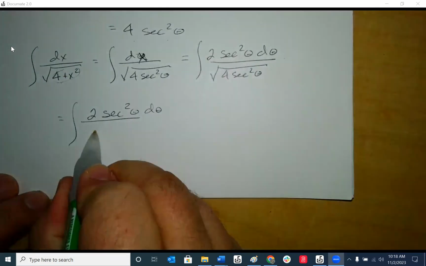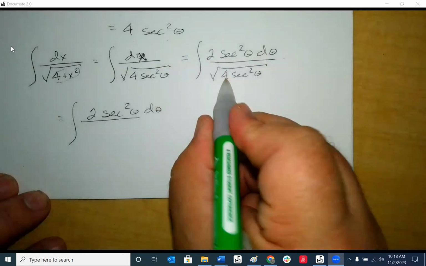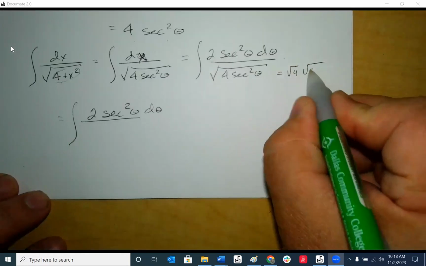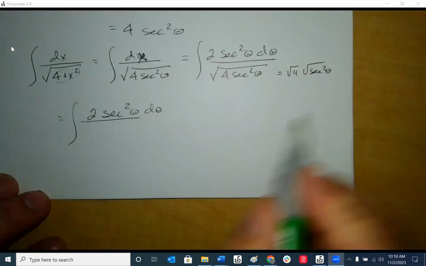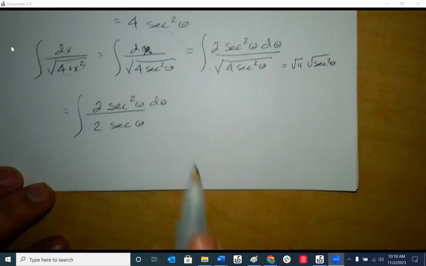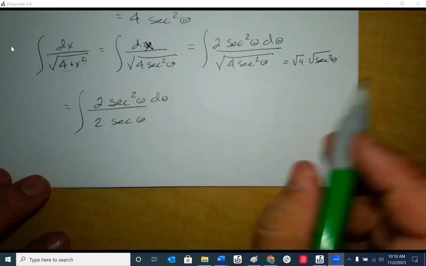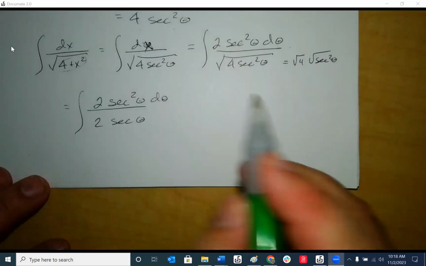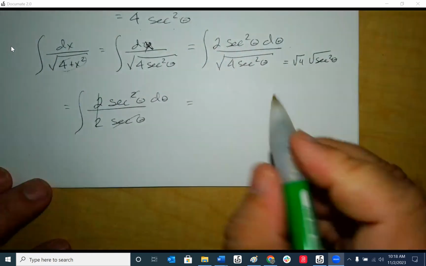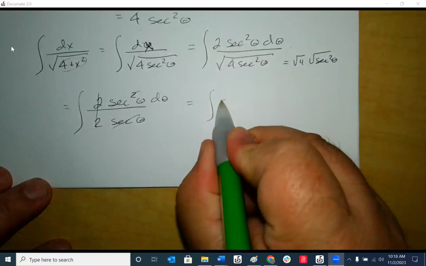So this is the square root of 4, the square root of secant squared, which is 2 secant theta, because that could never be negative. So I don't have to put the absolute values. So that cancels. That cancels.